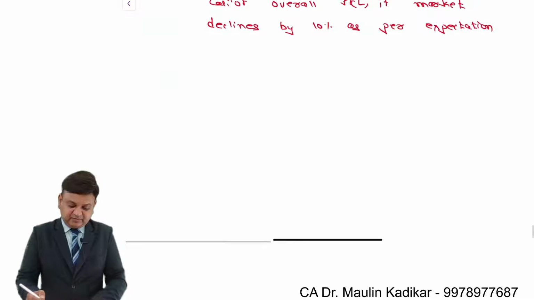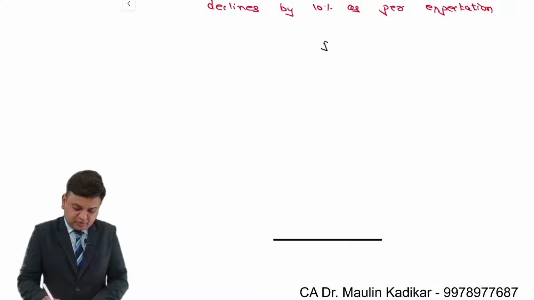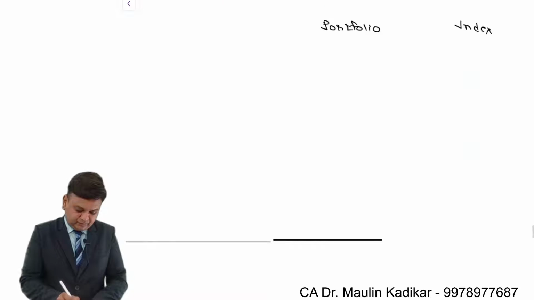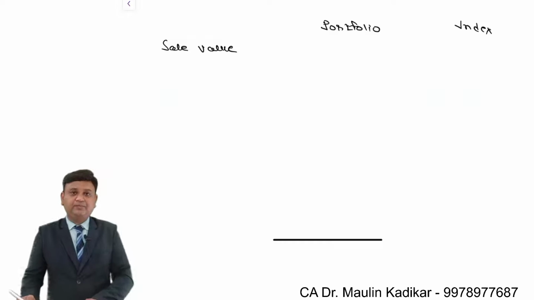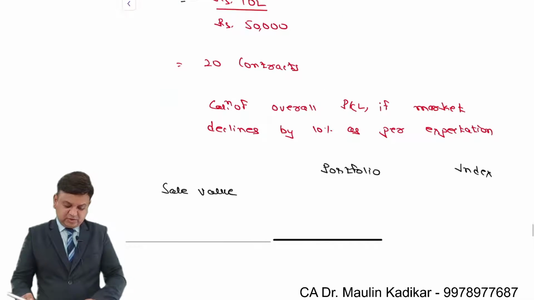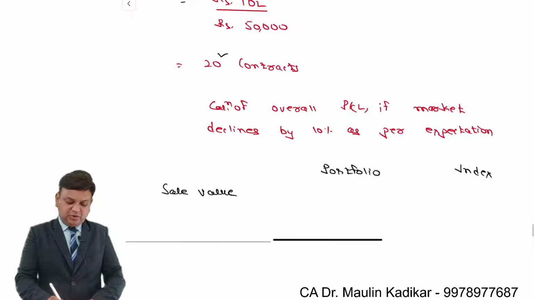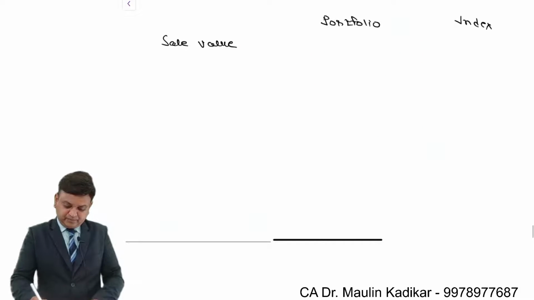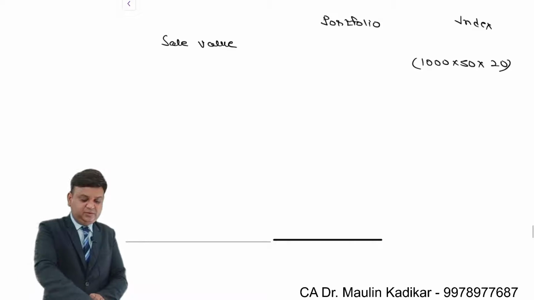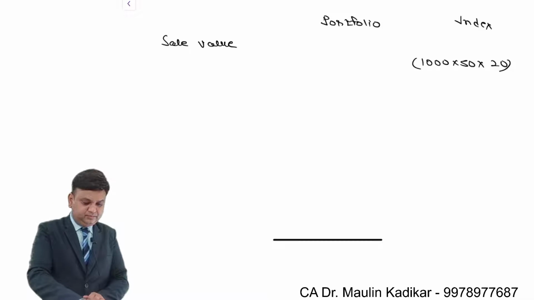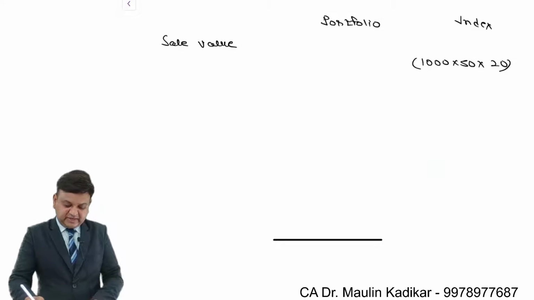So in that we will have the working like this: portfolio and index. The transaction is entered upon for sale value. We understand that say 20 contracts are entered upon. Lot size is 50, so it is 1000 into 50 into 20 contracts have been entered upon. So it comes to an amount of 10 lakhs.